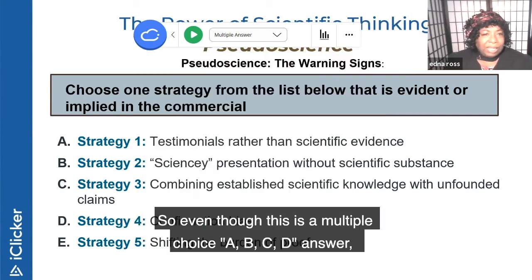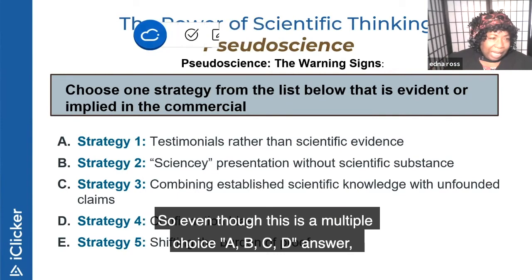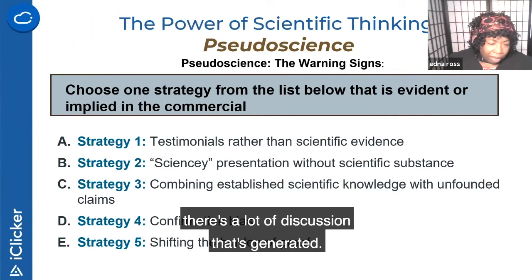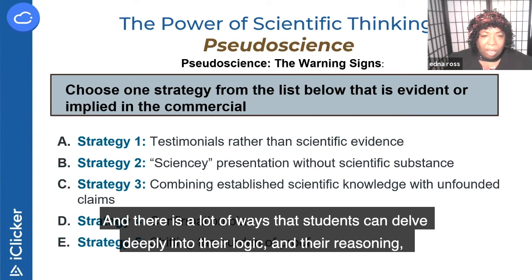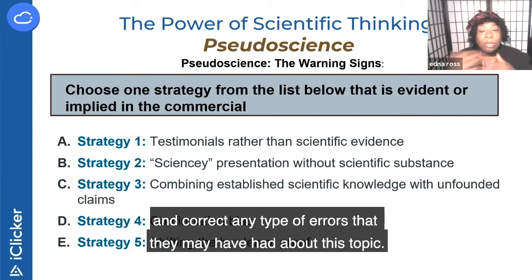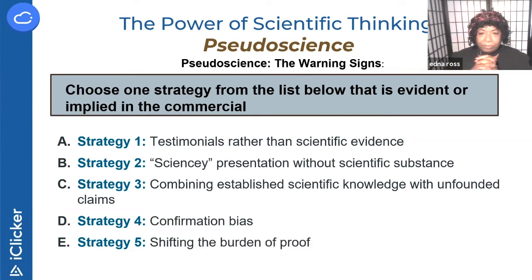So even though this is a multiple choice A, B, C, D answer, there's a lot of discussion that's generated, and there is a lot of ways that students can delve deeply into their logic and their reasoning and correct any type of errors that they may have had about this topic.